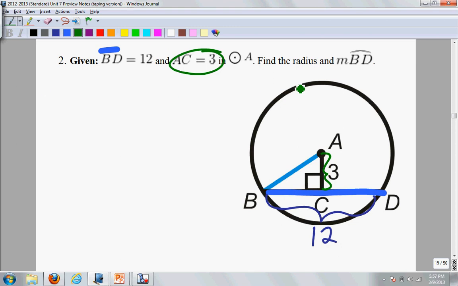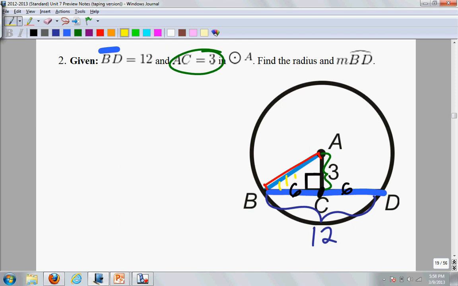We're supposed to find the radius and the measure of arc B to D. Well, let's first find the radius. Our radius is right here, B to A. Let's start with something simple. If this is 12, we can mark this out as 6 and 6. Why? Because if perpendicular, then bisect.